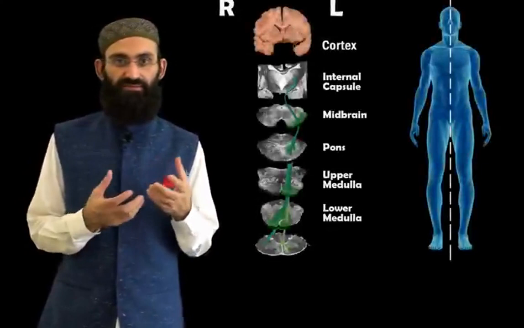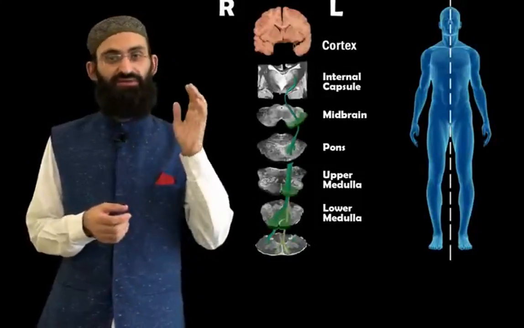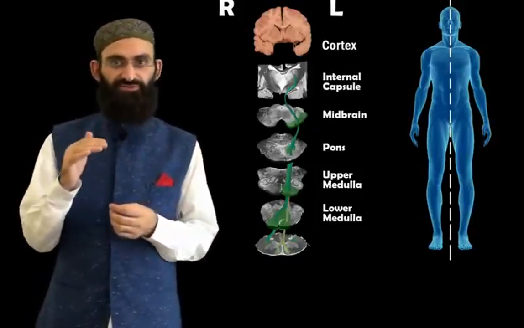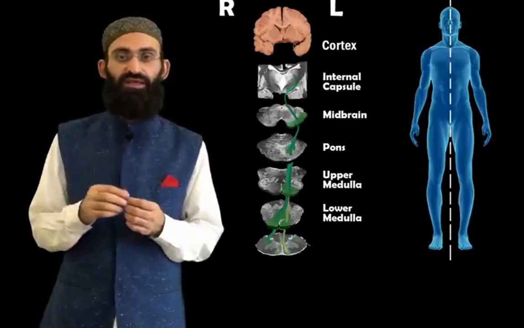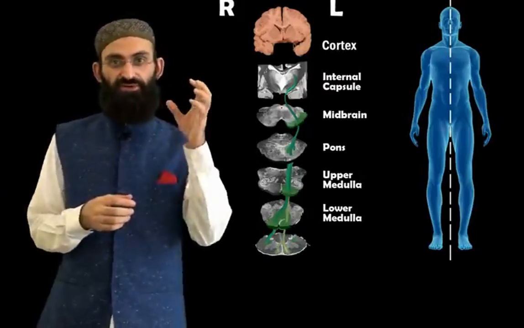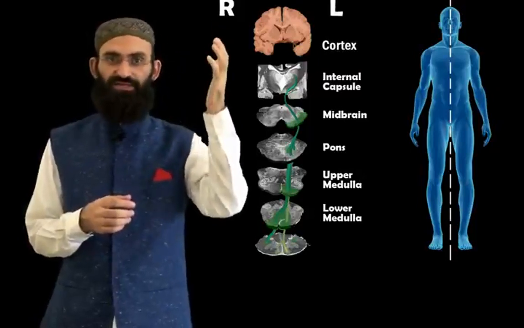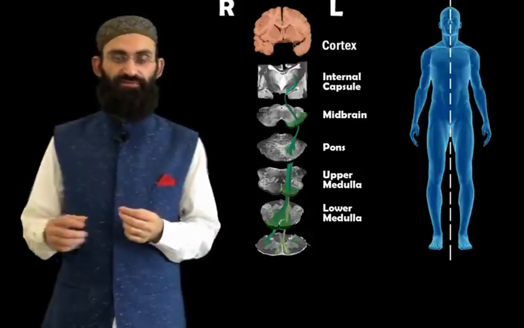Hemiplegia results from unilateral damage to corticospinal tract, and this damage can be at the level of brainstem, internal capsule or cerebral cortex. Since corticospinal tract crosses midline at the level of lower medulla, a damage to corticospinal tract in brainstem, internal capsule or cerebral cortex will result in hemiplegia on the contralateral side.